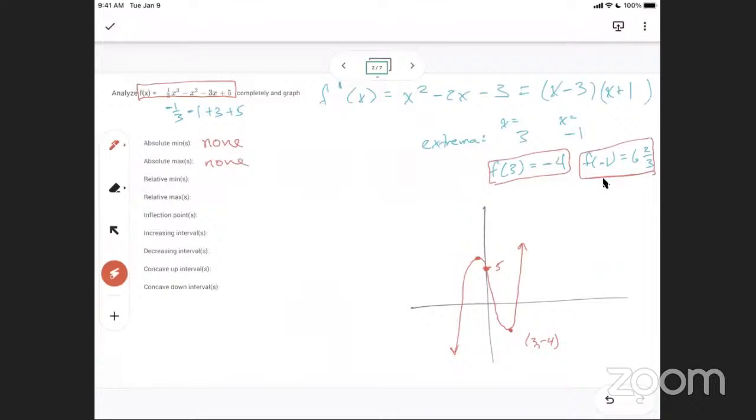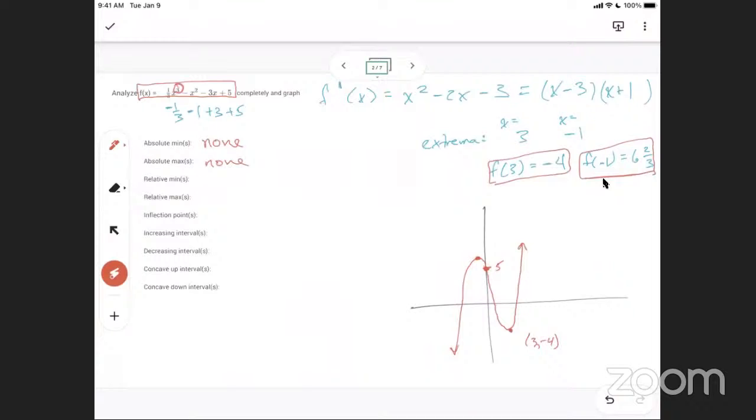Oh, so does absolute refer to the endpoints? Absolute just means on the entire graph, what's the lowest point on the entire graph? You can't say that the lowest point is something because it goes down forever.